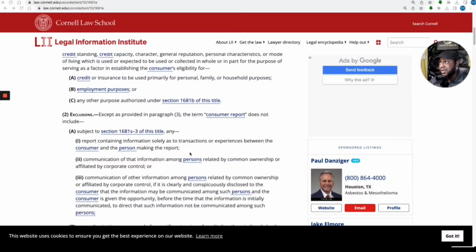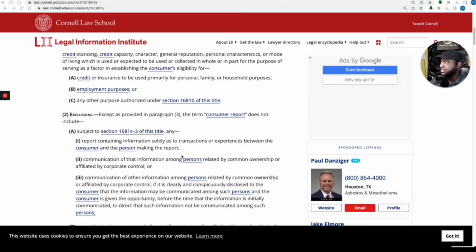So you see where I got this from. Okay, I got this from the law. I didn't make that up, and I directed the attorney to refer back to exactly what I'm talking about pertaining to the construction of a consumer's credit report. Okay, per the law, it's not supposed to have that type of information.